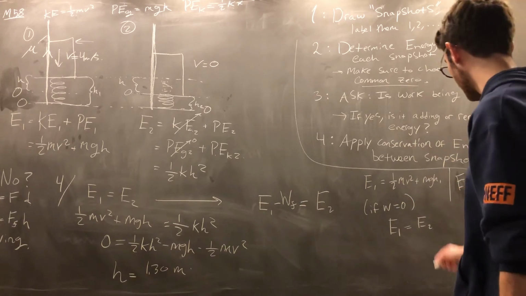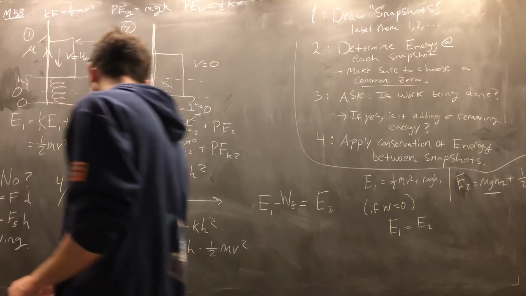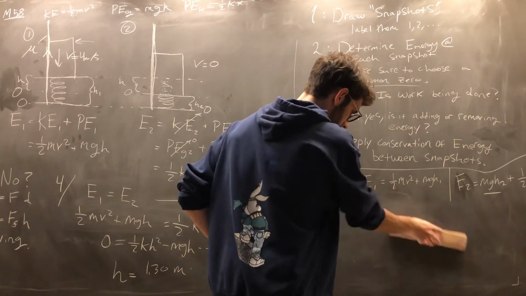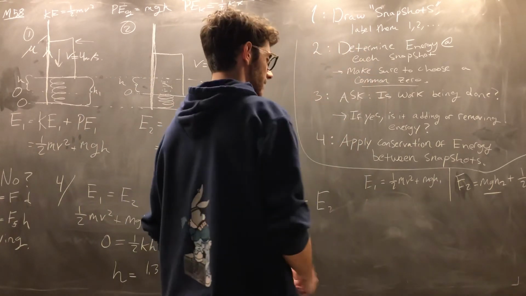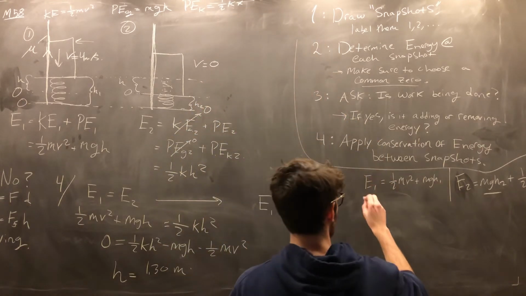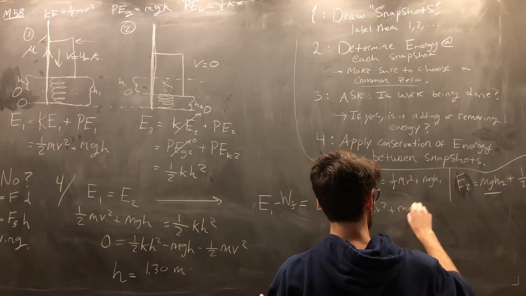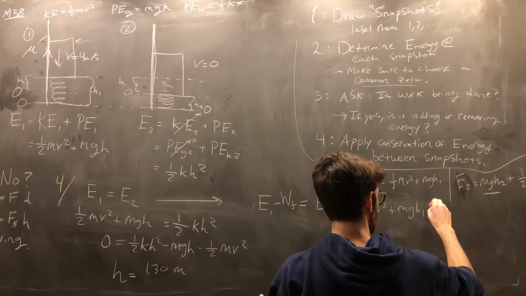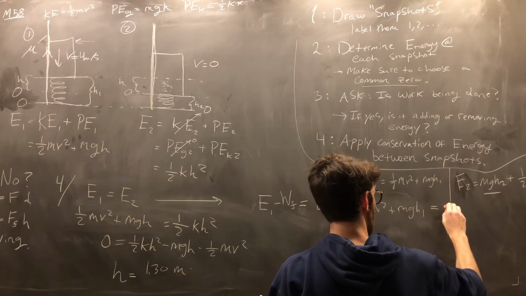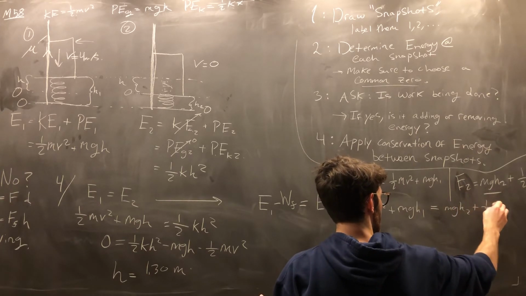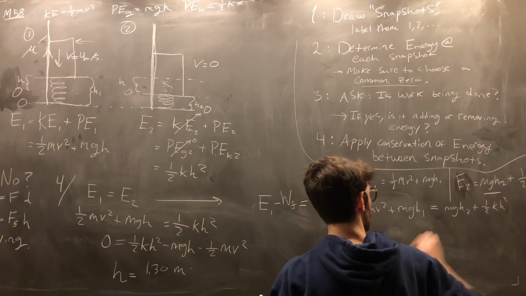But now if we do that, unfortunately I'm running out of room. If I write E1 is equal to E2, what I'll have is 1/2 mv squared plus mgh1 equal to mgh2 plus 1/2 kh squared.